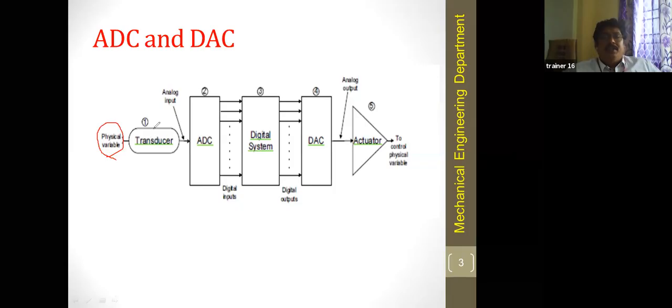That physical variable signal is the input to the transducer. It converts it to another signal, that is an electrical signal in the form of an analog input. Electrical is an analog signal. Always the analog signal, see, this is the analog signal.